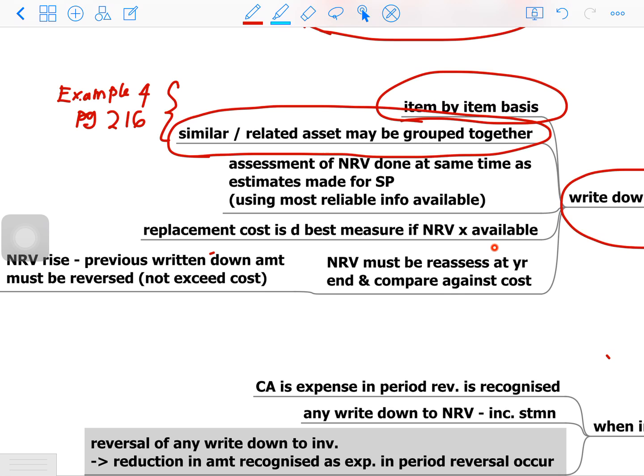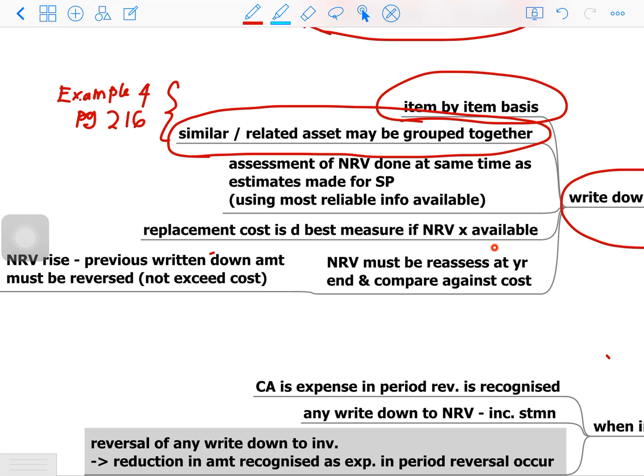Hypothetically speaking, if the inventory is now damaged, and you do not know how much you can sell it for, you put yourself in the position of a buyer: how much would it cost in this damaged condition? You can go and ask people, if we want to buy, how much would you sell at in this damaged condition? You ask for the replacement cost, the cost to replace the inventory.